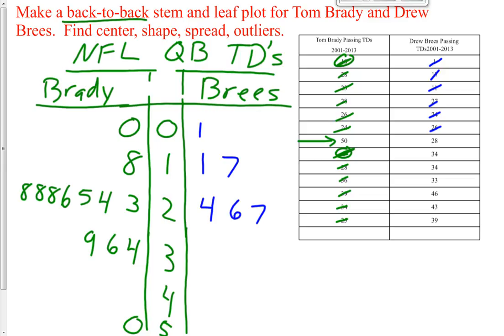Looking again, we have a 28. And then we have a 33. A couple 34s. And a 39. With a 43. And a 46. Hopefully I got all those.